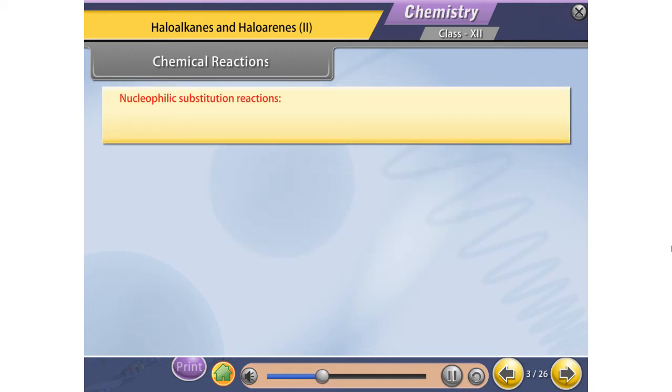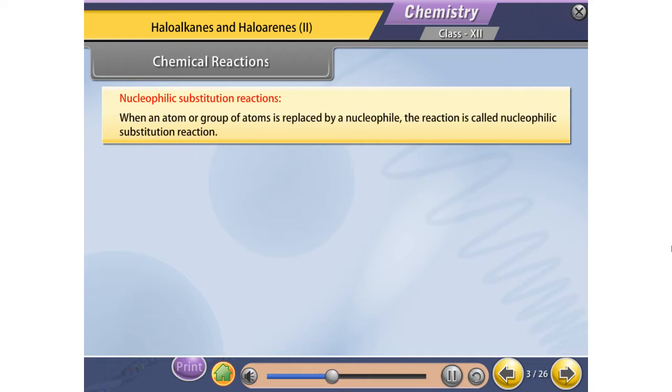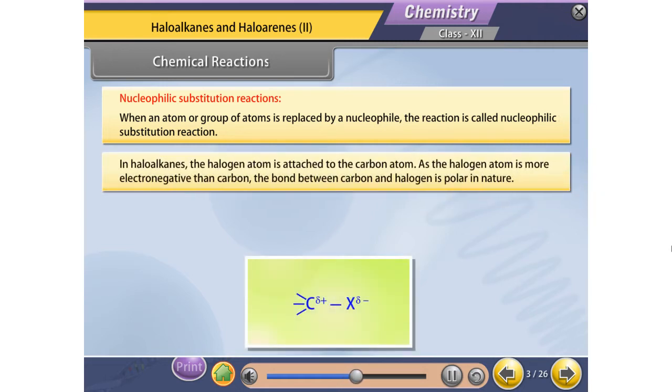Nucleophilic substitution reactions. When an atom or group of atoms is replaced by a nucleophile, the reaction is called a nucleophilic substitution reaction. In haloalkanes, the halogen atom is attached to the carbon atom.